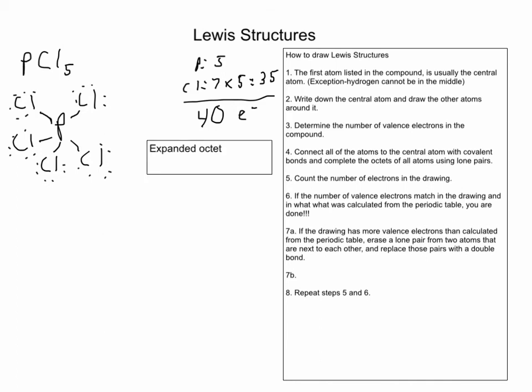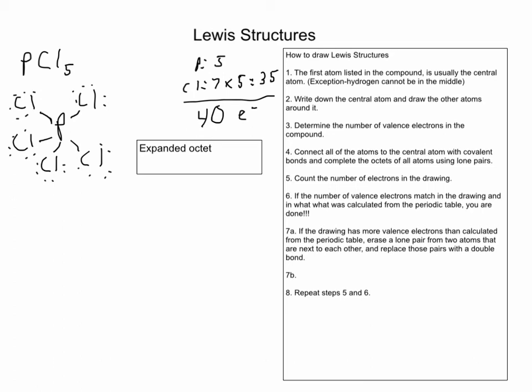And if you end up with something with more than 8 electrons in the middle, that is okay, as long as you're following the rules that I showed you before, where you must be in the 3rd row or below for this to happen. Phosphorus is below that, so it can have an expanded octet.